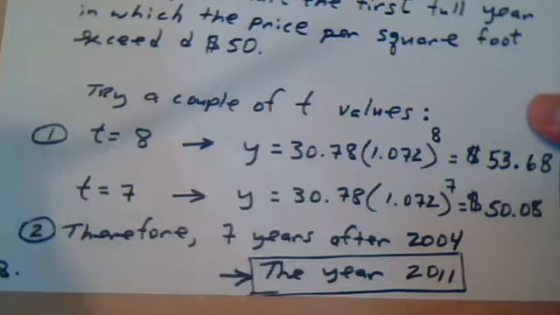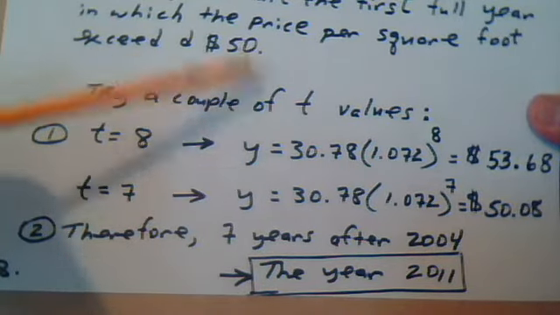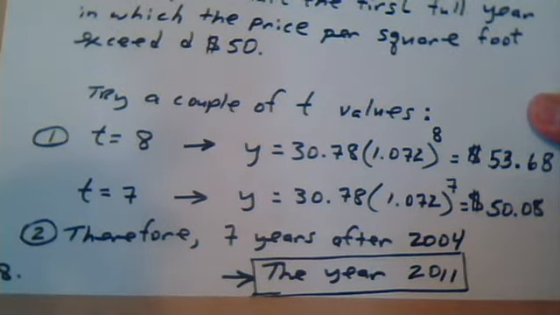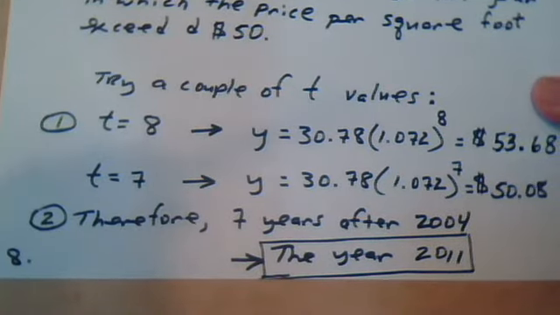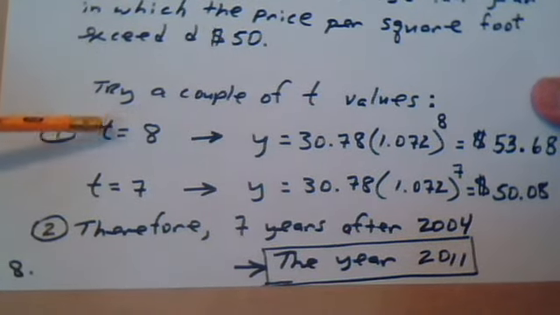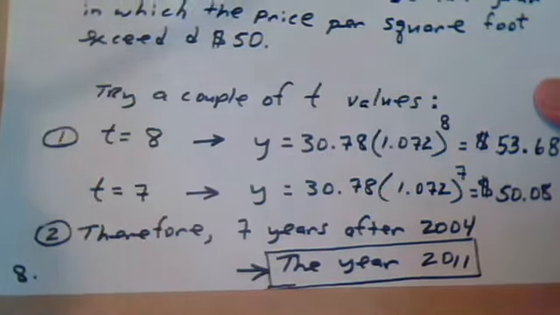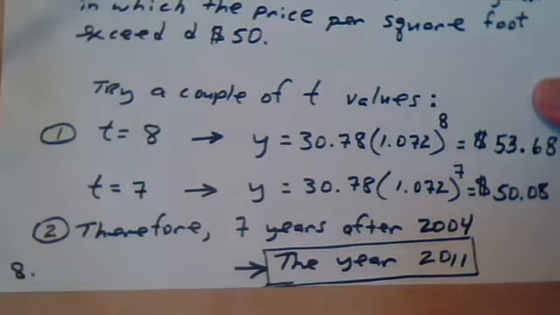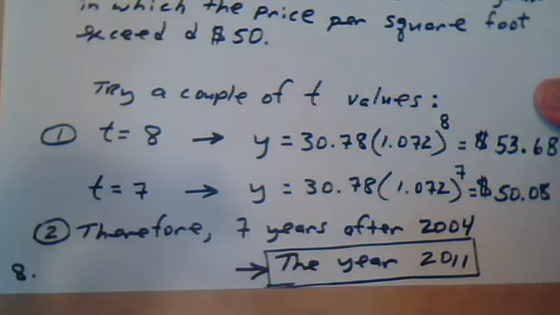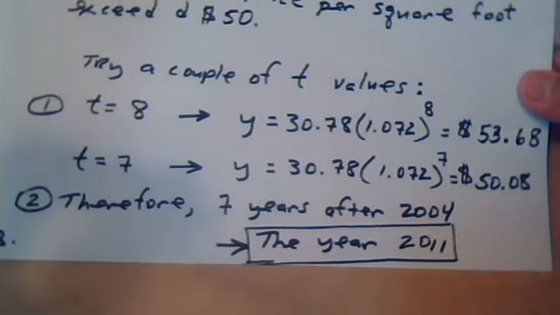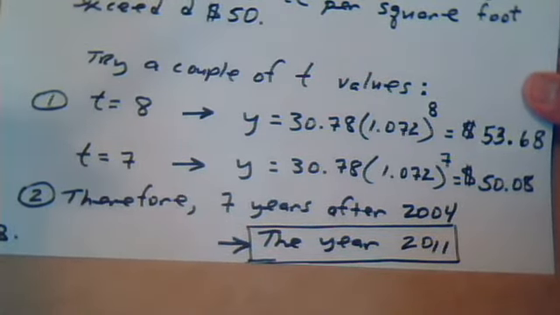Now remember that the Y is the money part. And we're looking for the value of T, which is the years. What value of T can I use so that when I key this in, I get the number right above $50? So this is why we have trial and error.